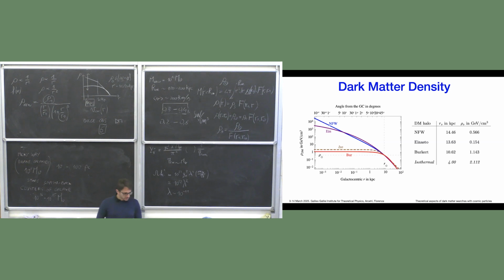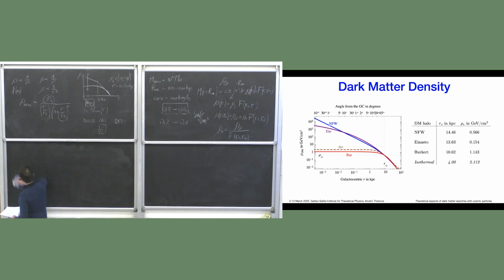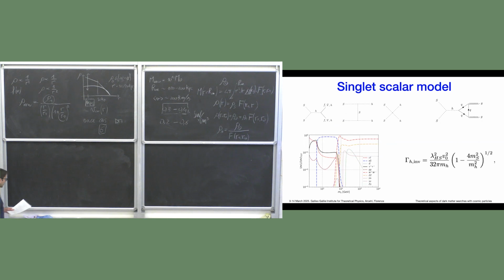In the last few minutes, I just wanted to introduce one of the simplest models we can study for indirect detection, but also at colliders and direct detection. This is the singlet scalar model with a Higgs portal.